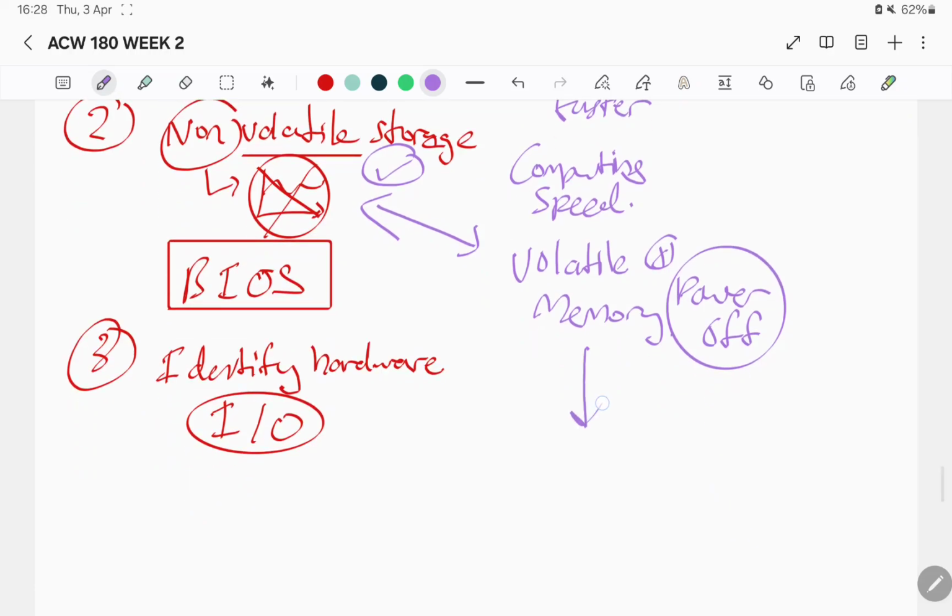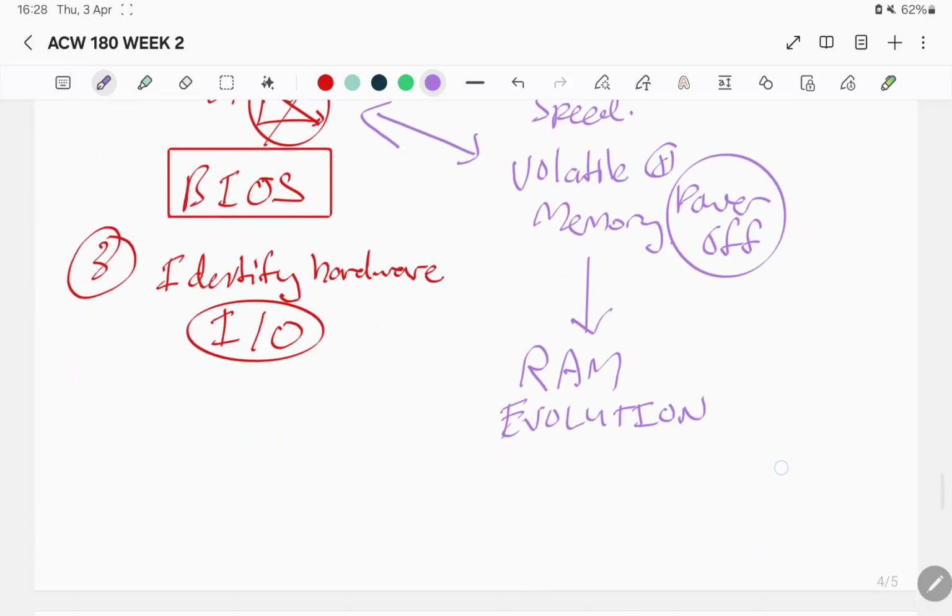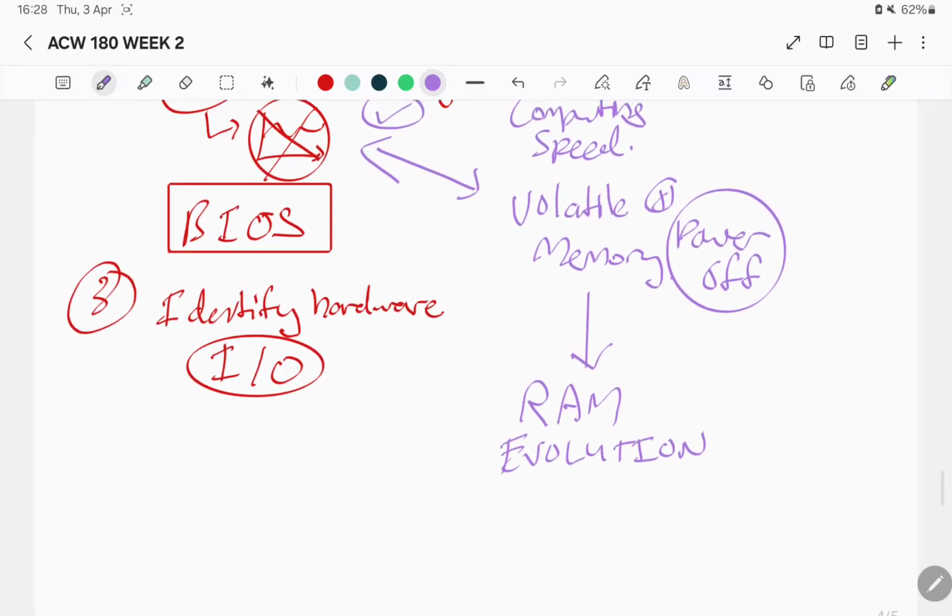Then we talk about the RAM evolution. When you want to buy the RAM to put inside your computer, there are different versions. DDR, or they call it DDR over here, double data rate memory.